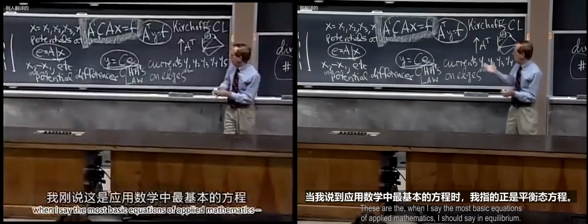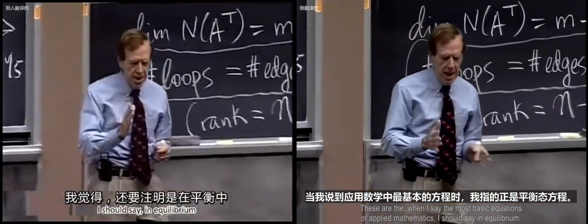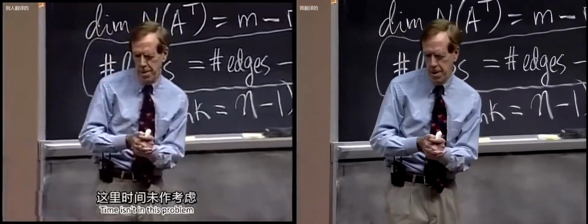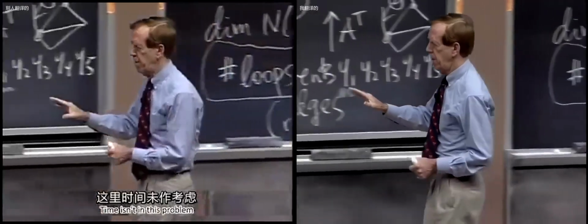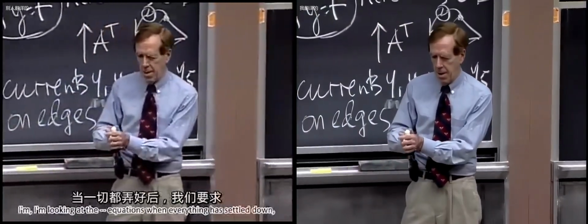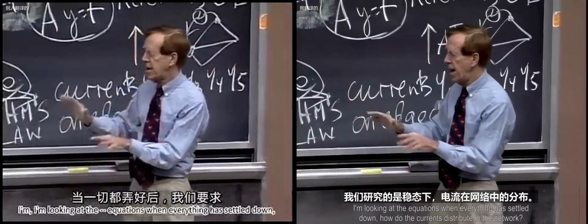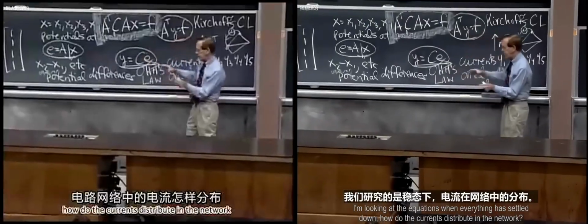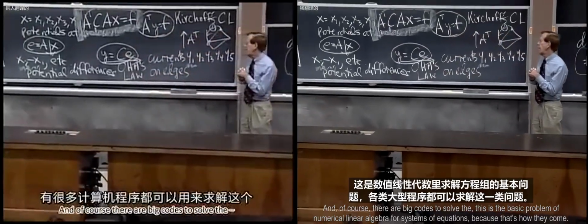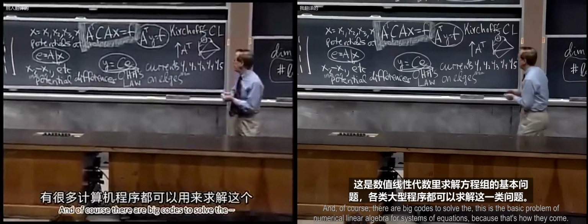When I say the most basic equations of applied mathematics, I should say in equilibrium. Time isn't in this problem. Newton's law isn't acting here. I'm looking at the equations when everything is settled down. How do the currents distribute in the network? And of course, there are big codes to solve this.